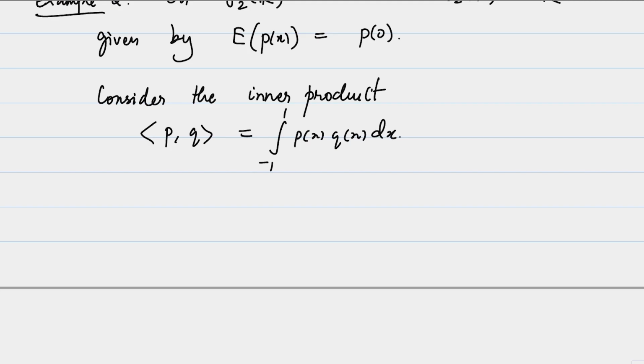And let's try to get hold of that particular polynomial which will give us the evaluation at 0. So that is our goal.